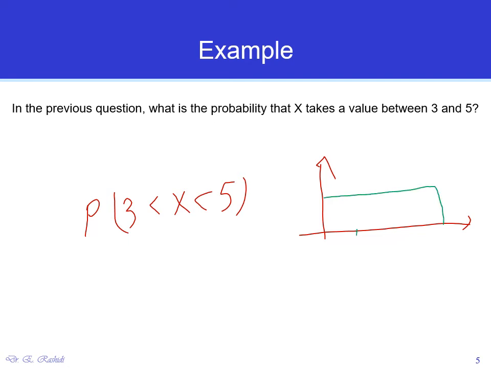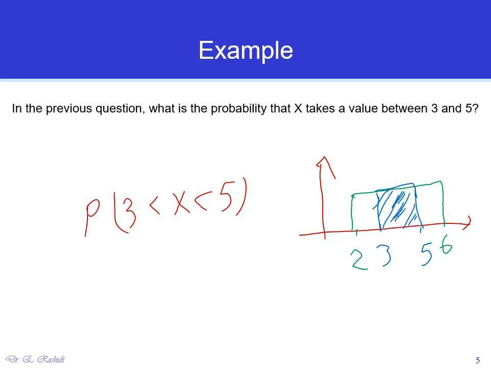If this is 2 and this is 6, then I make it like this. So the probability of x between 3 and 5 would be, 3 is here and 5 is here, this shaded area.